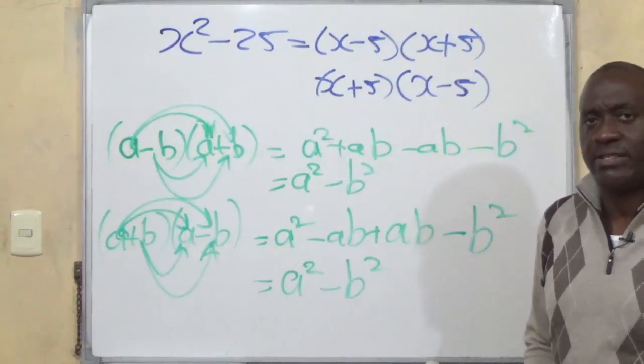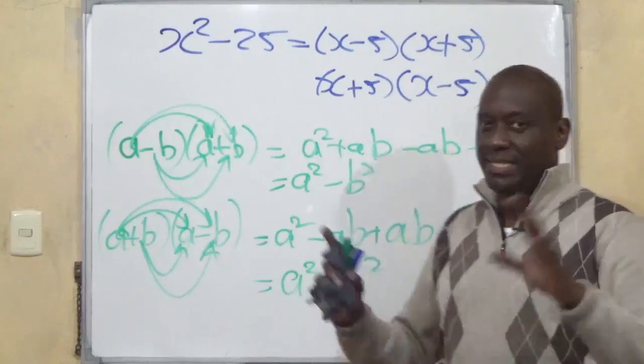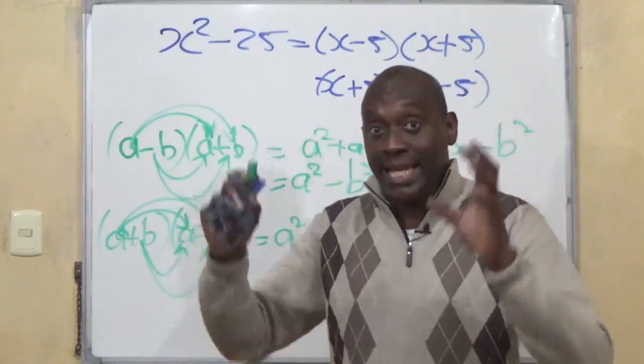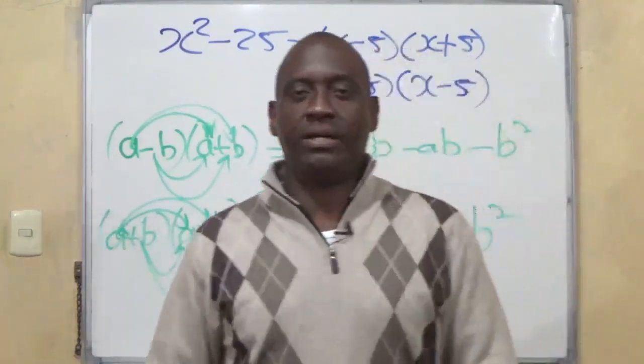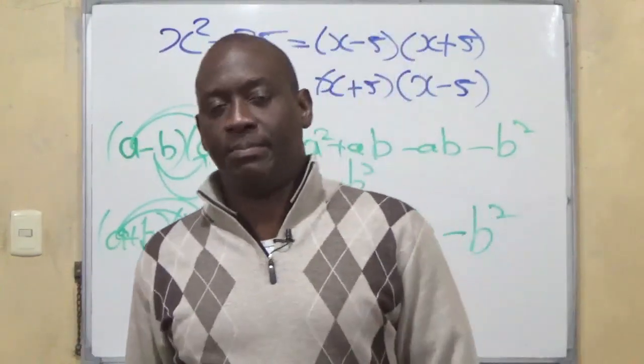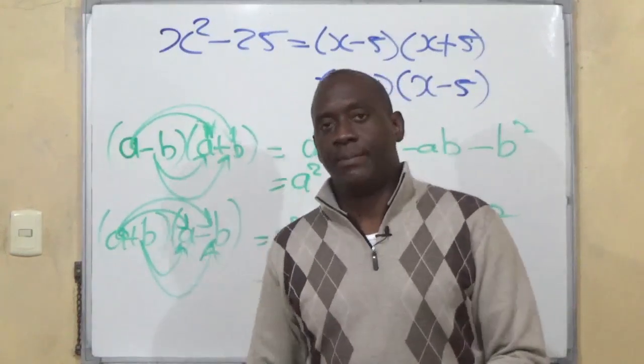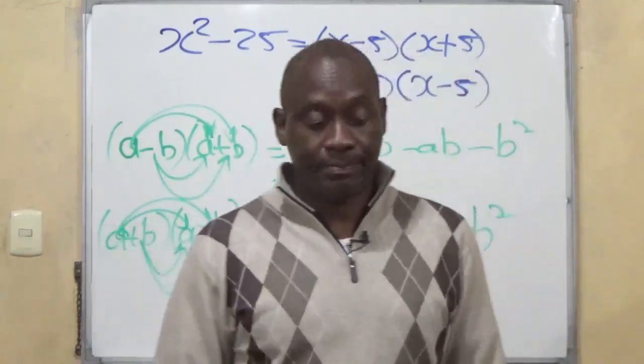So I'll take the extra time to expand it to make sure that you see for yourself that a squared minus b squared is equal to a minus b multiplied by a plus b, or vice versa, a plus b multiplied by a minus b.